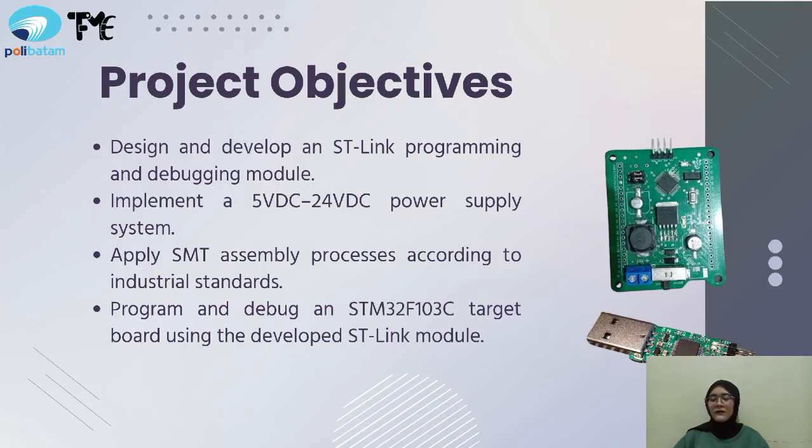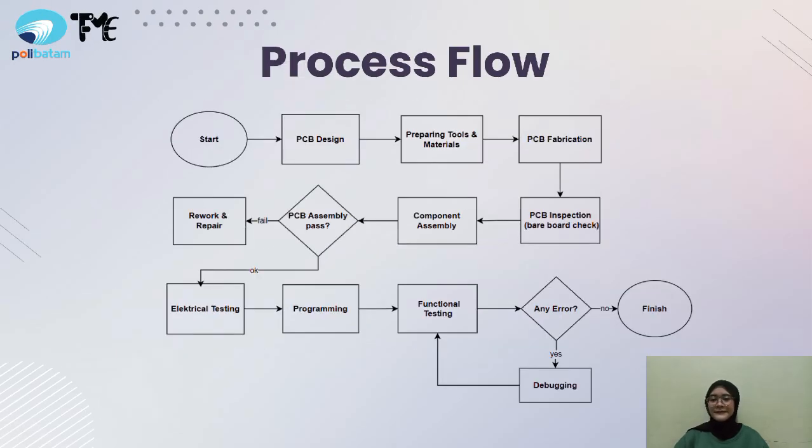Finally, we verify our design by programming and debugging an STM32F103C target board using the developed ST-Link module. These objectives ensure that our board is functional, reliable, and suitable for embedded system development.